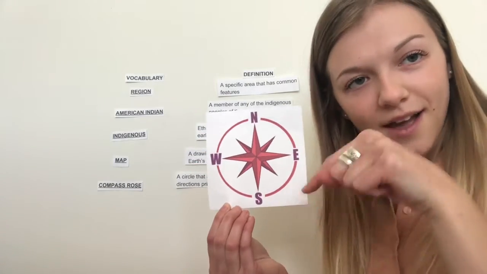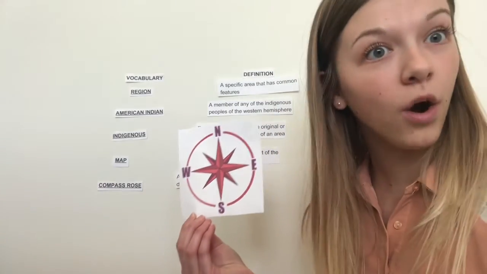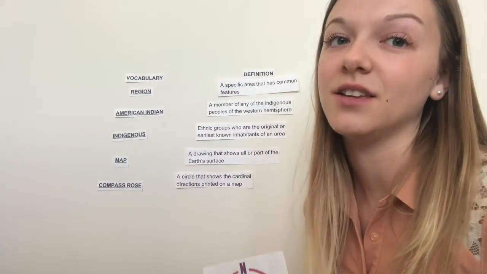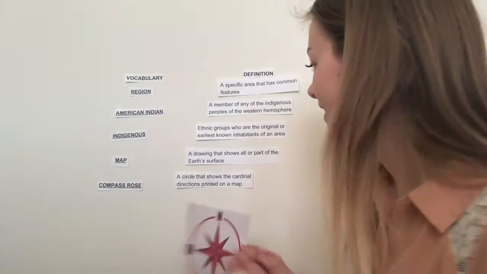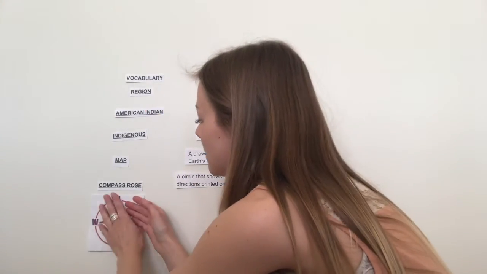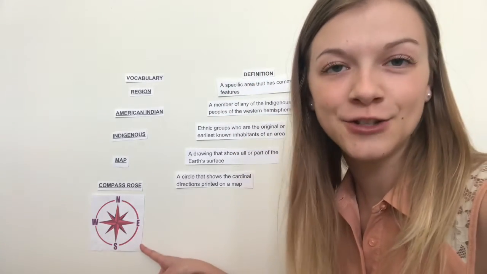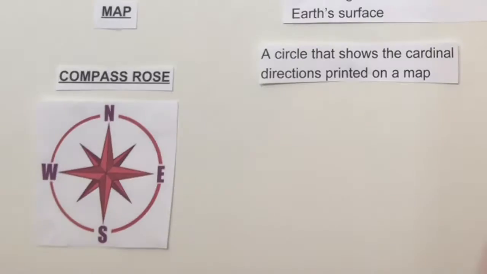And if something's way down there, it would be south. Like Georgia is in the south. Or, a more technical term, Georgia is in the southern region of the United States. So I'm going to put a picture of a compass rose right there. And if you want to copy this picture down so you have that as a reference to know what a compass rose looks like, by all means, please do that.